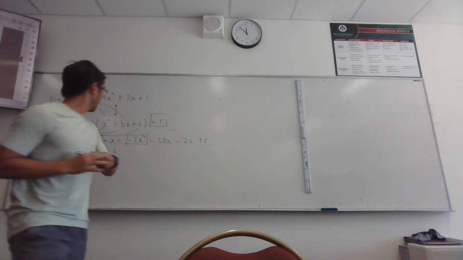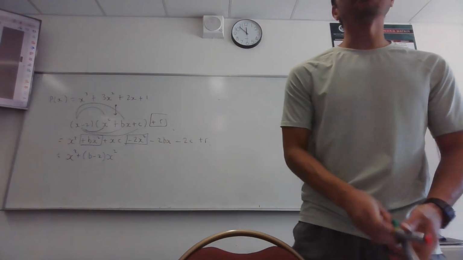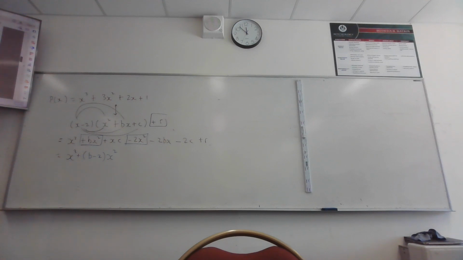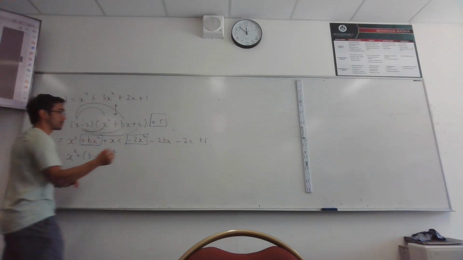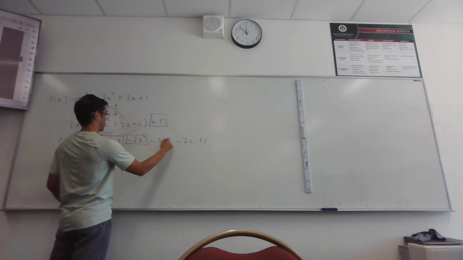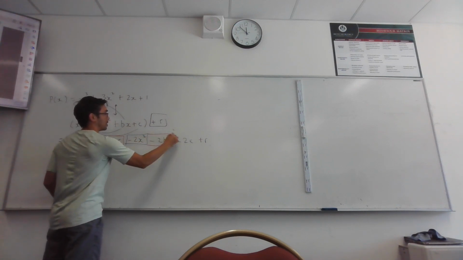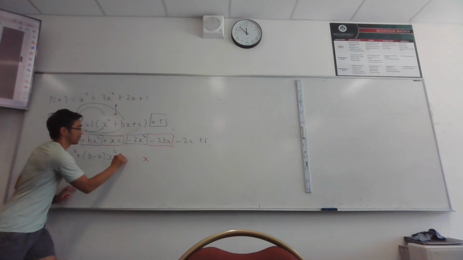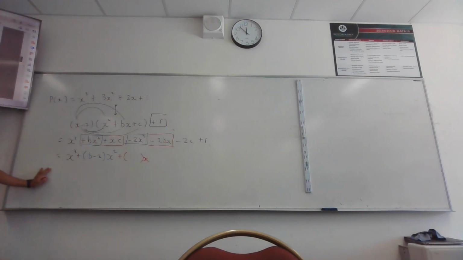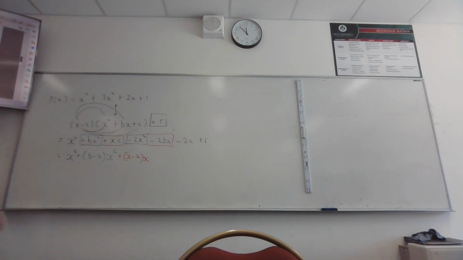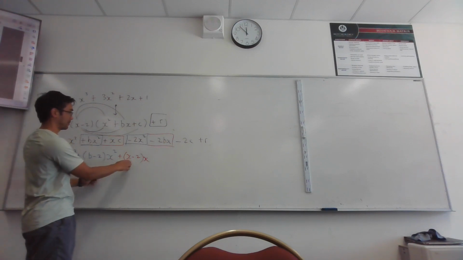What's the next family? What's the next surname? I've got my x cubed, my x squared. Okay, the xc and not the 2c we have over here. The x family. What do I put in the bracket? c minus x take away 2. Oh, my bad.